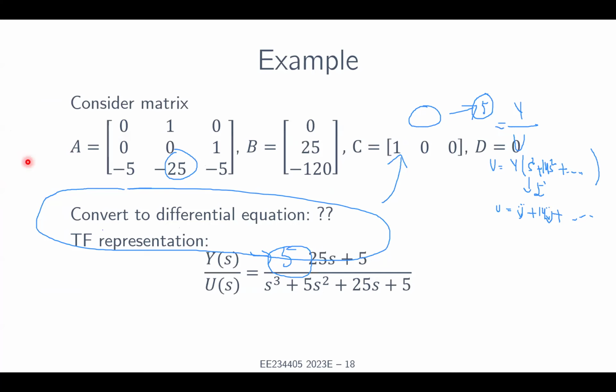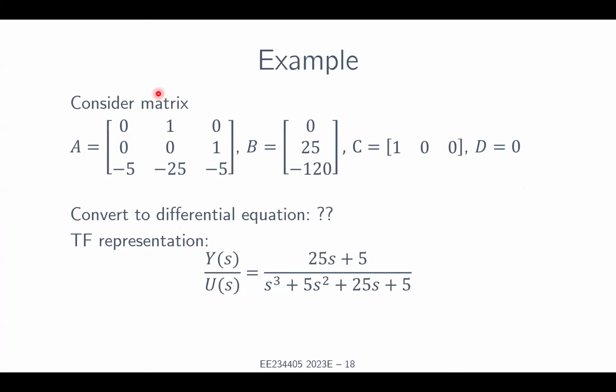All right, so how about the other way around now? If we have a matrix like this, which is actually quite similar, but now B is not just 1, but you have 25 and minus 120, and C is 100. So how do we convert this into a differential equation?